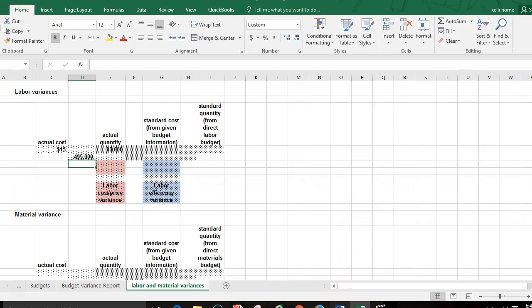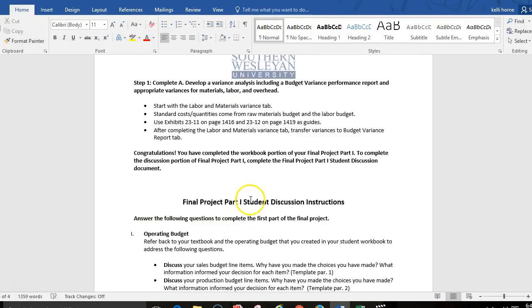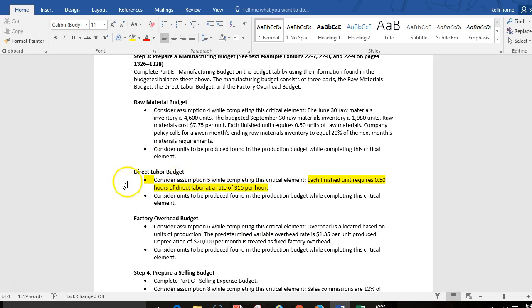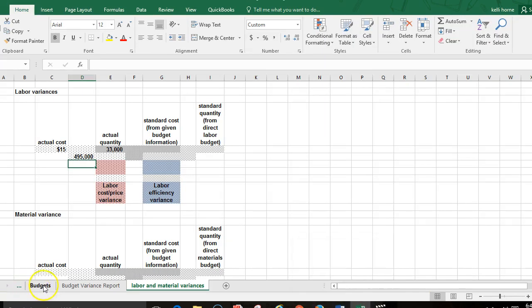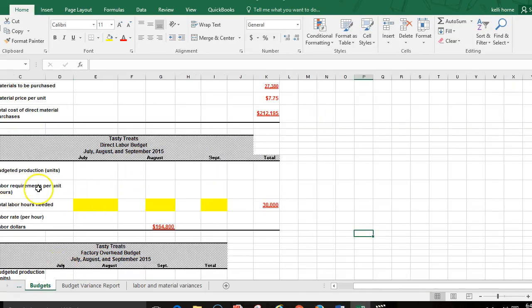So I'm going to go back to your student discussion sheet. I'm going to go back up here to where I gave you the assumptions for the labor. Remember I told you that I wasn't going to make you have to calculate the POHR. I was going to go ahead and give it to you. So I did that. So when you prepared the labor budget, you put in $16 an hour. Okay, so basically if I go back over here to your budget, you're actually going to have $16 right across here because that's what you budgeted.